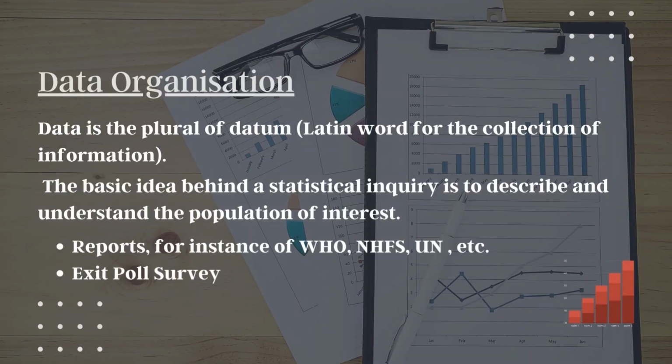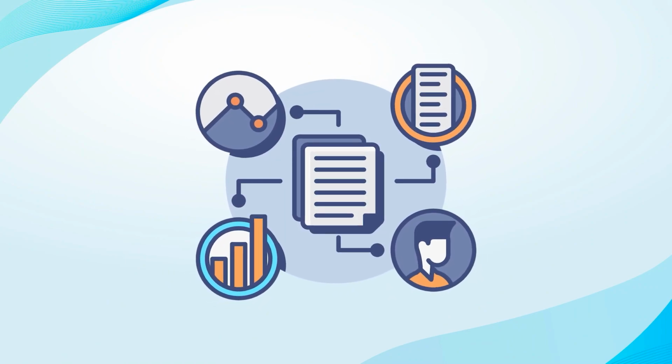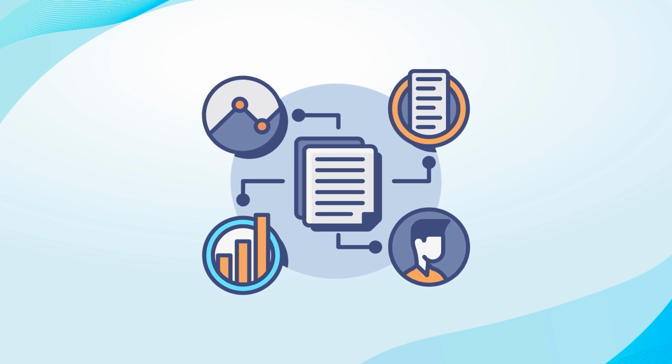For example, before the election, the exit poll is conducted, and questions are asked of probable voters, and on that basis it is concluded who will be leading, who will be following, and so on. So we see how the data is collected on one hand and then how it is organized to give some meaning. Now let us explore more.